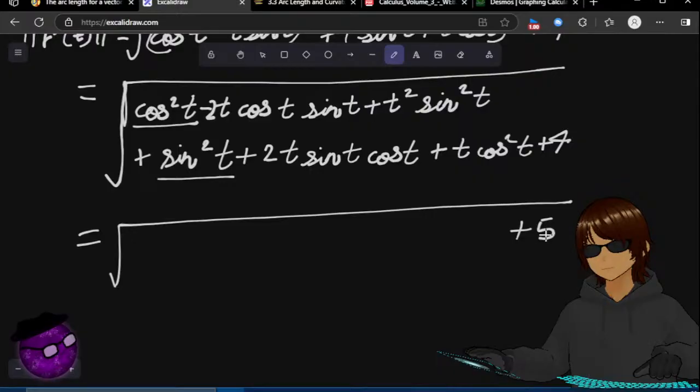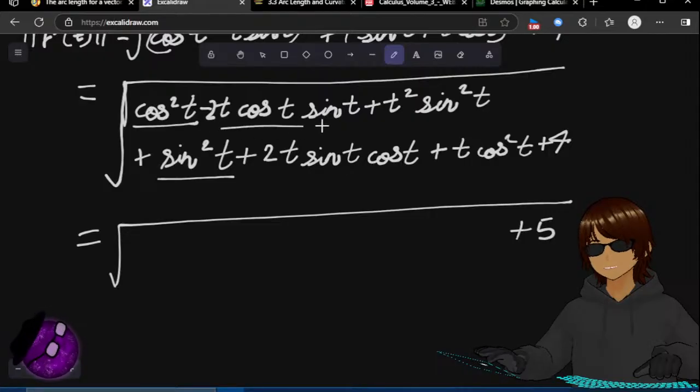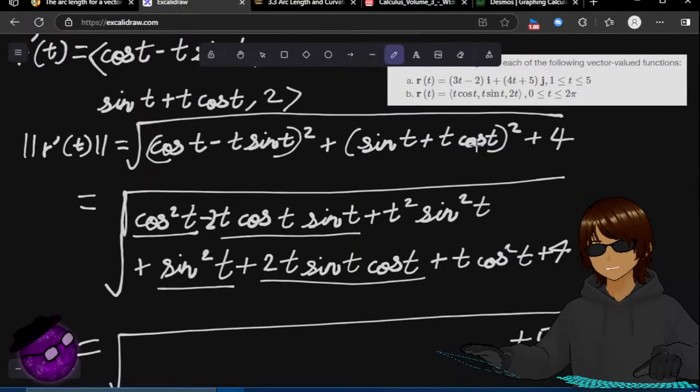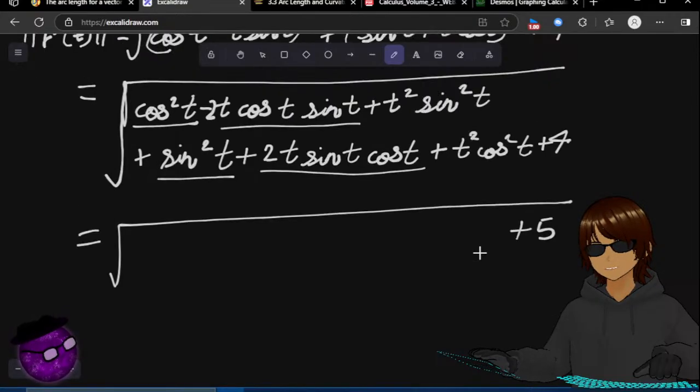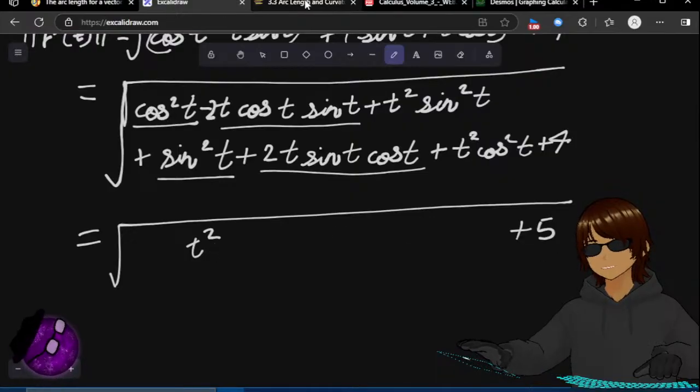Plus 5. What else do we have? We have minus 2t sine t and then plus 2t sine t cos t. So these two cancel out. This and this cancel out. And then should this be just a single t? Nope, t squared. So we are left with just t squared plus 5, right?